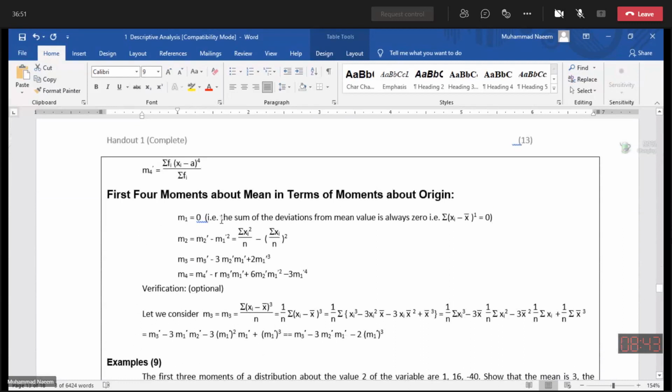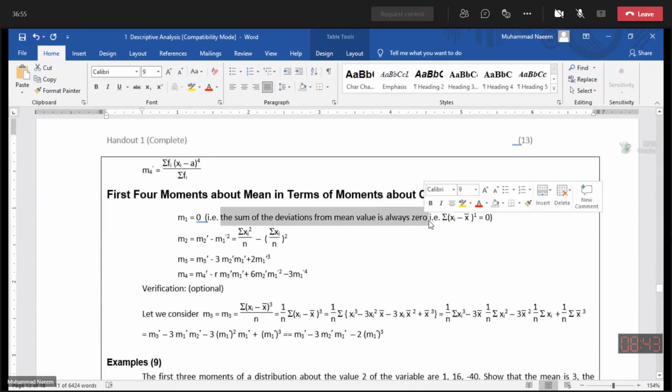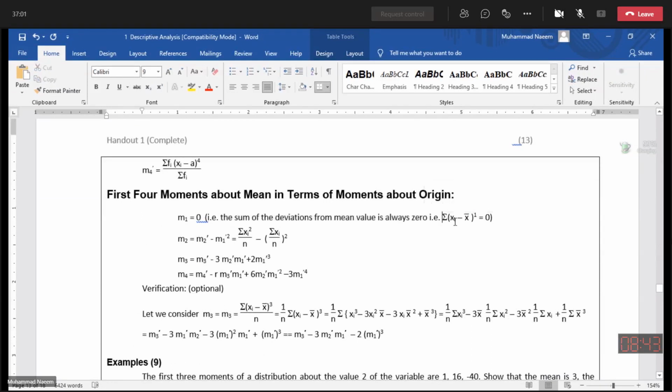And due to this strong property of arithmetic mean, we have this numerator 0. Directly you can say that sigma xi minus x bar is 0. Always it is 0. That's why remember first moment about mean is 0, always in all the cases.